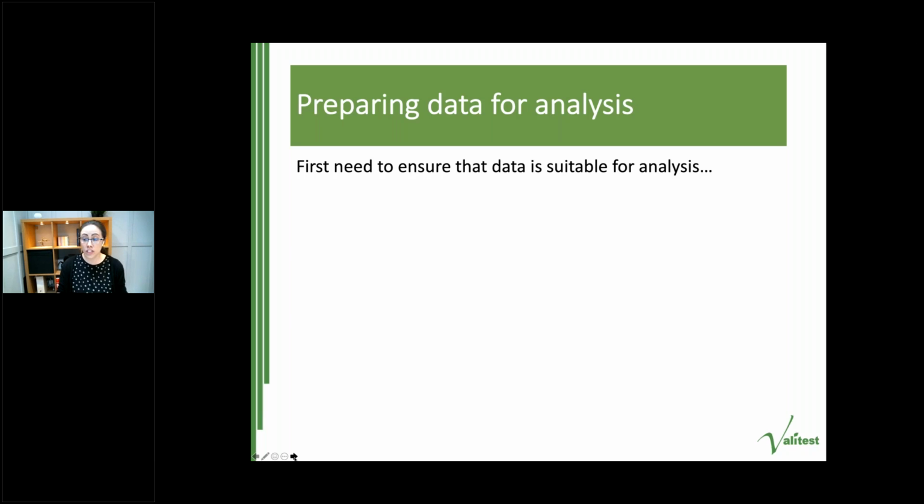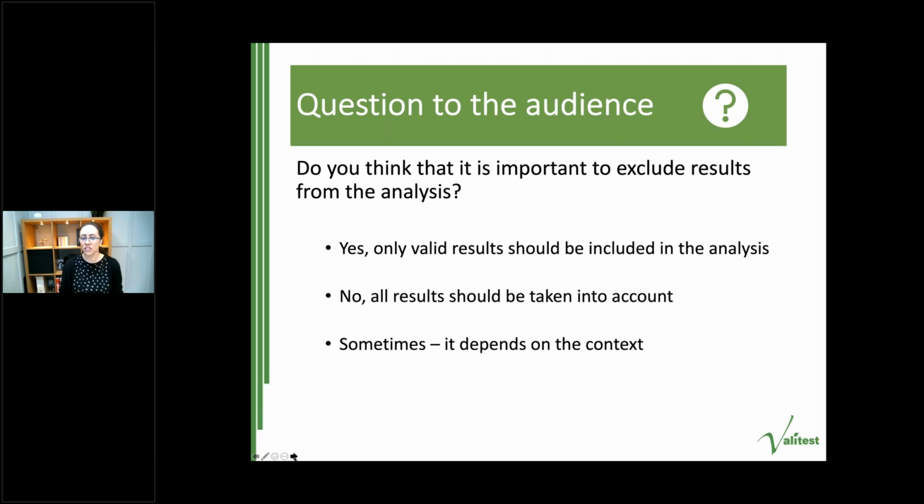So once we've got the results back from the participants and we've extracted it from the individual results sheets, and we've untangled all the randomisation and we have the data in front of us, we need to ensure that the data is actually suitable for analysis. So we're just going to ask another quick question to the audience.